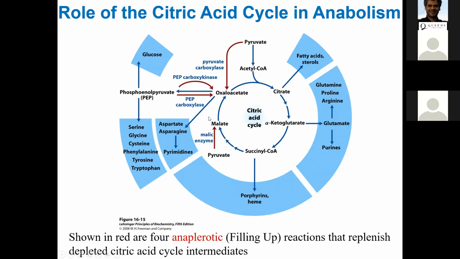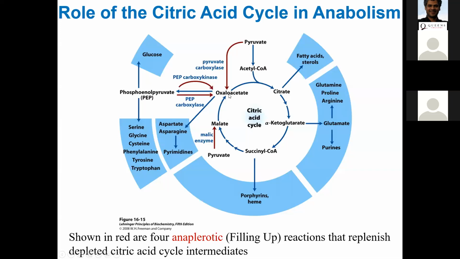PEP carboxylase is an enzyme that usually is found in plants and some bacteria, right? That will take bicarbonate and catalyze the addition of bicarbonate to phosphoenol pyruvate, and you will eventually form this 4-carbon compound oxaloacetate.